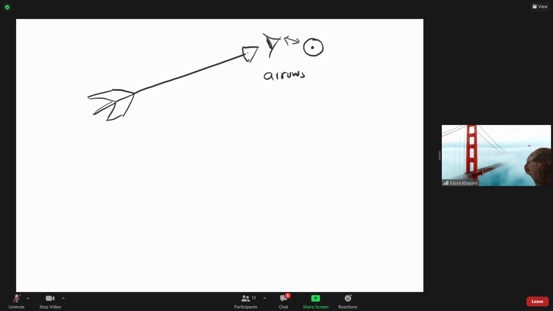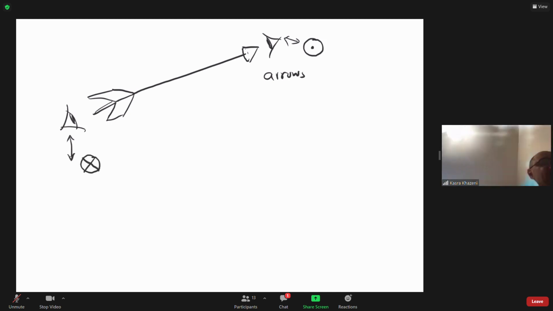If you look at an arrow by its tail, what you see is something like this, because you're seeing the feathers that are stuck at the end of it in a cross fashion.